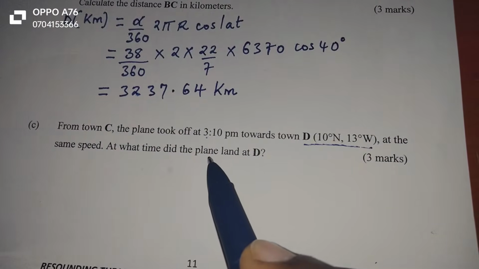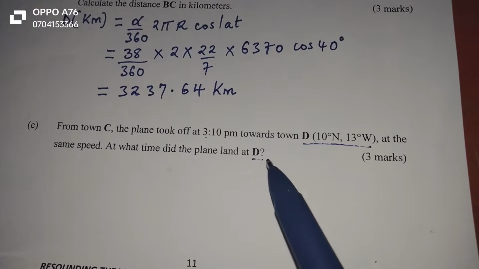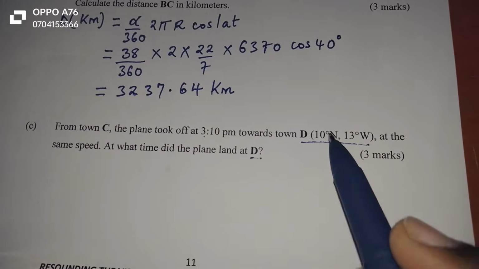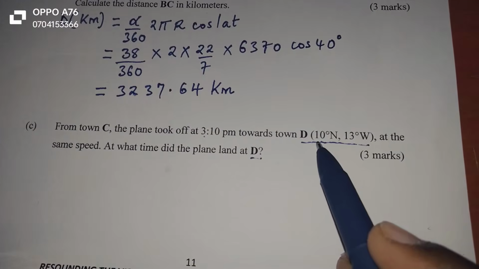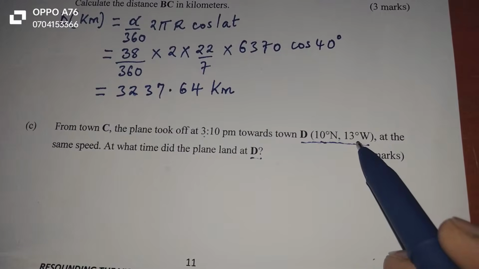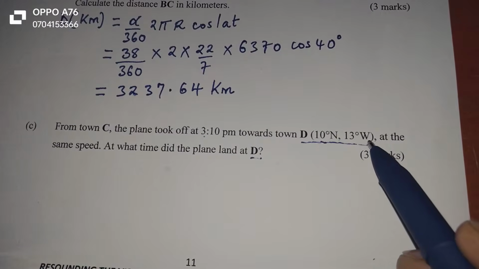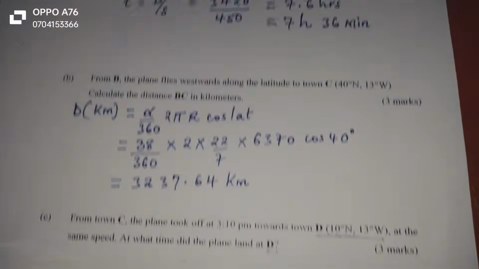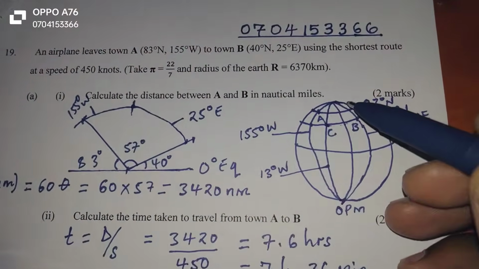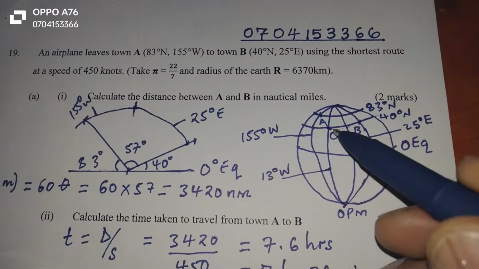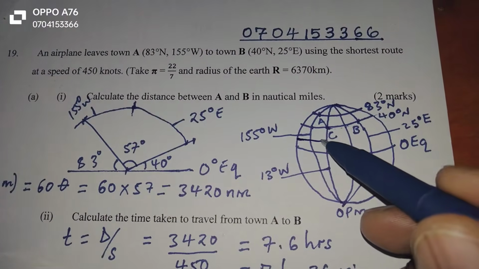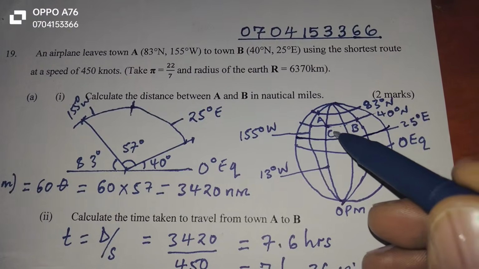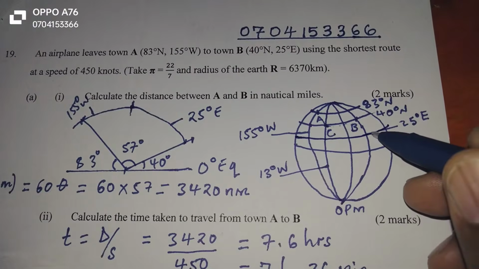At what time did the plane land at D? We are supposed to know that because it's moving to 10 degrees north but retains the longitude 13 degrees west. Then we are moving southwards from C down to 10 degrees north.